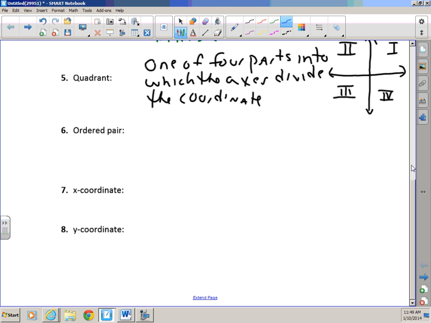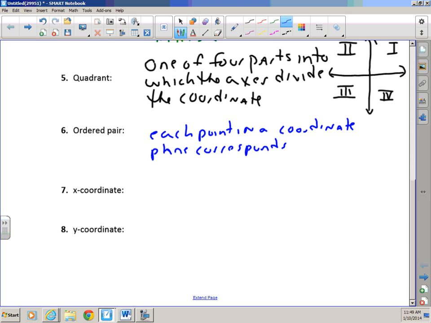Ordered pair: each point in a coordinate plane corresponds to an ordered pair of real numbers.